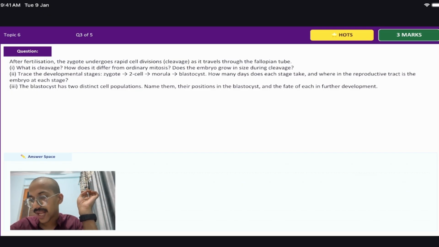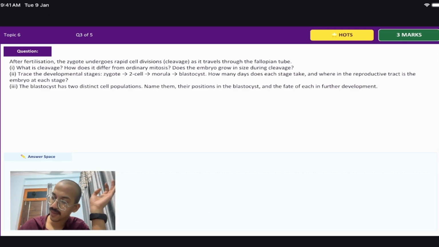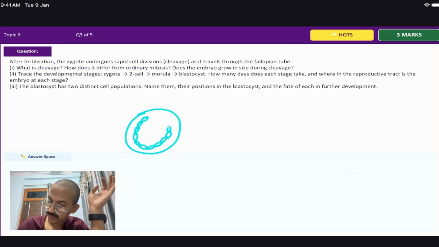Okay, the blastocyst has two distinct cell populations. Name them, their position in the blastocyst, and the fate of each in development. So your blastocyst will be something like this. It will be covered by a layer, and it has cells.